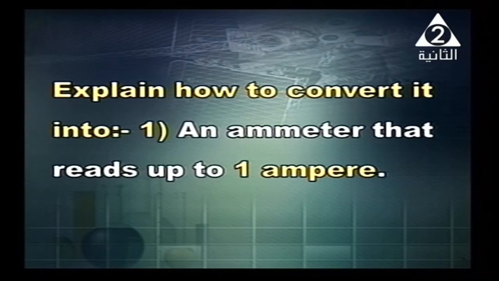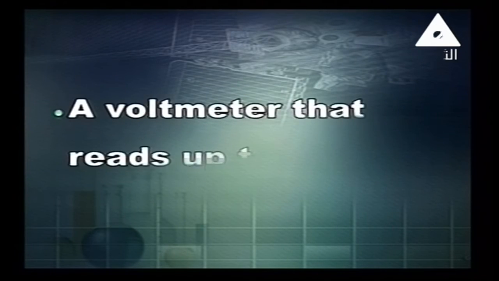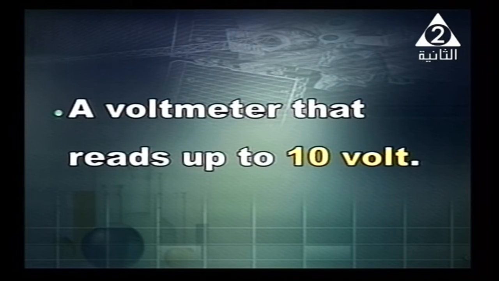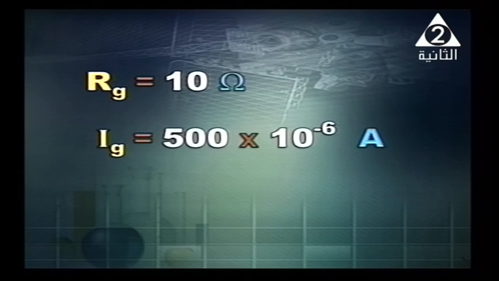How to convert it into a voltmeter that reads up to 10 volt. 10 volt is V. So once again, given in the problem, the resistance of the galvanometer is equal to 10 ohms. Ig, full scale deflection, is 500 times 10 to the power of negative 6 ampere. The maximum current required to be measured is 1 ampere.